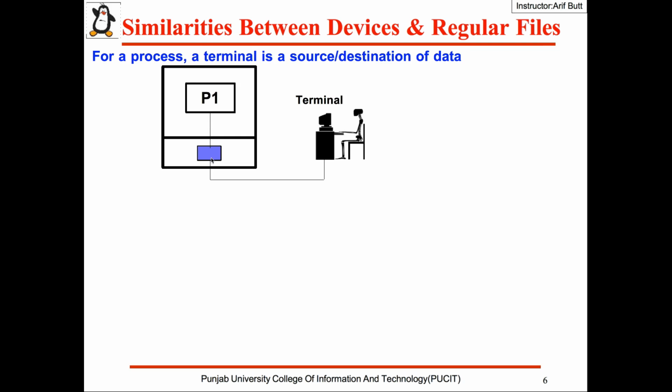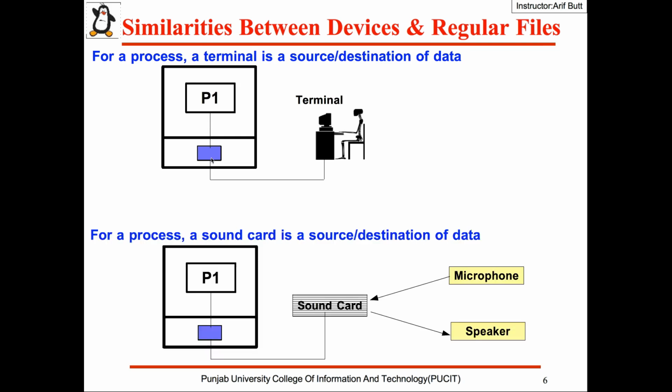Let me give you another example. Let's take the example of a sound card, which is used to connect peripheral devices like a microphone and speaker with your system, as shown over here. So from a process point of view, a sound card is also like a file from which it can read and to which it can write as well. A process can input voice data via the microphone.